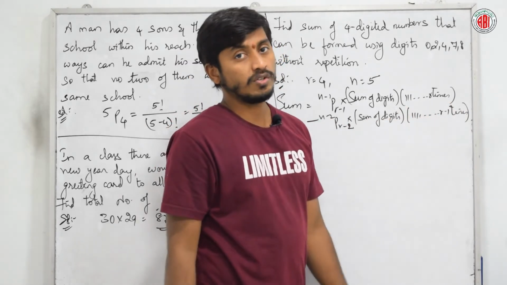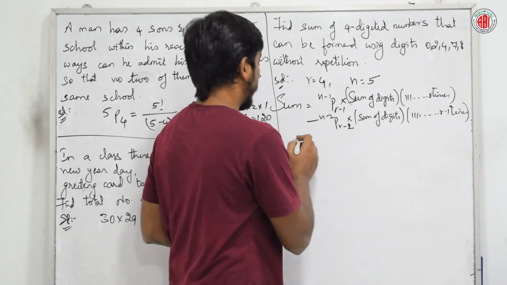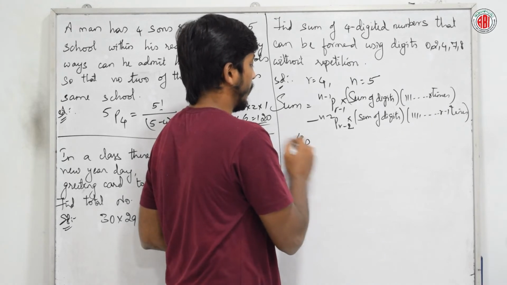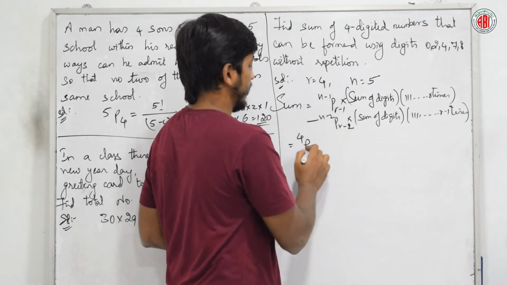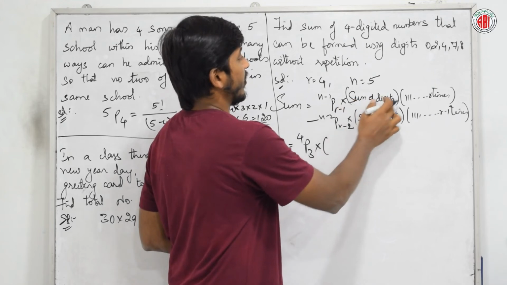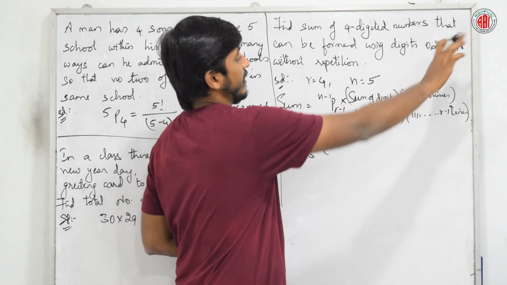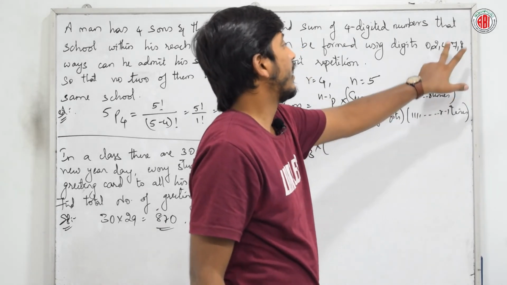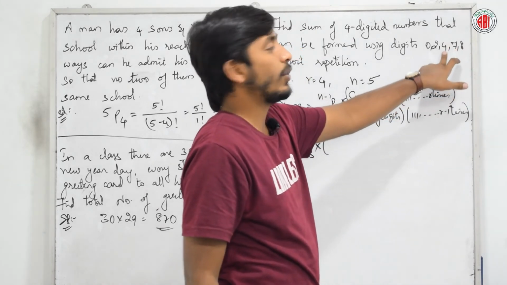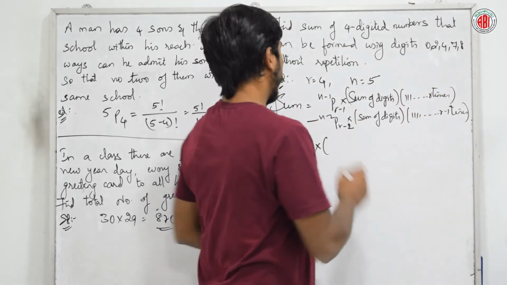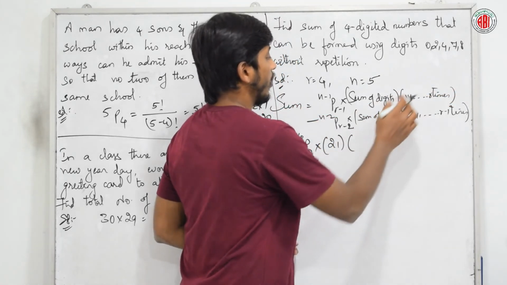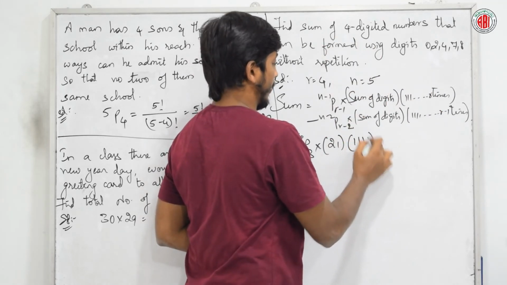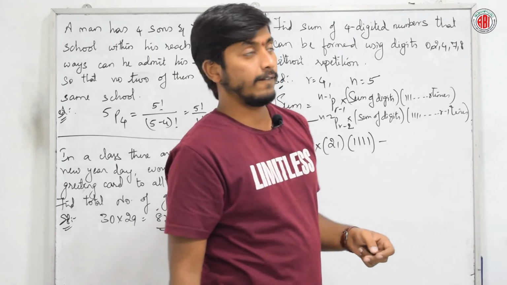Is it right? So let us substitute it now. What is n? 5. 5 minus 1 is 4, P, r minus 1 is 3, into sum of digits 2 plus 4 plus 7 plus 8. 8 plus 2 is 10, 10 plus 7 is 17, 21. Into 21 into 1111 up to r times, that is 4 digits, so it is 1111.